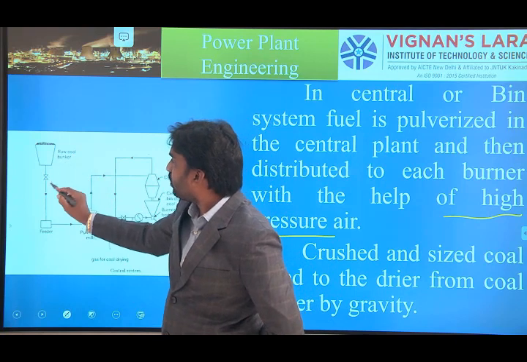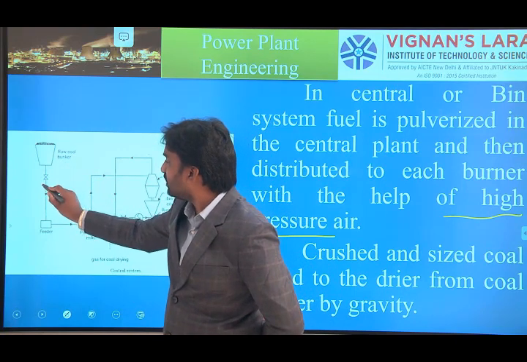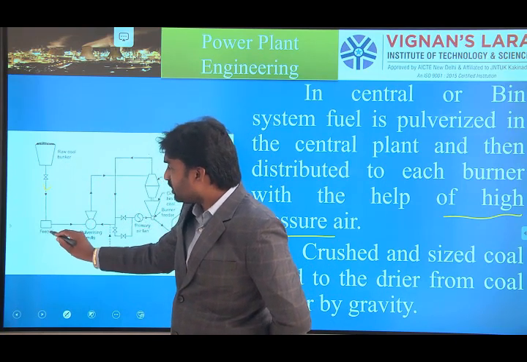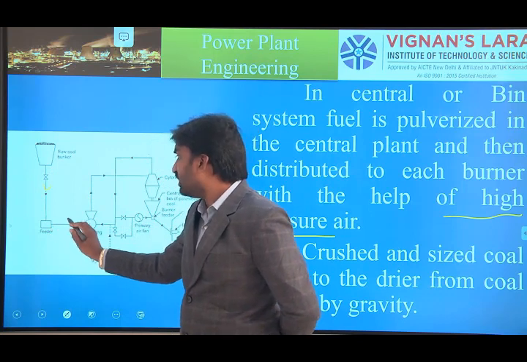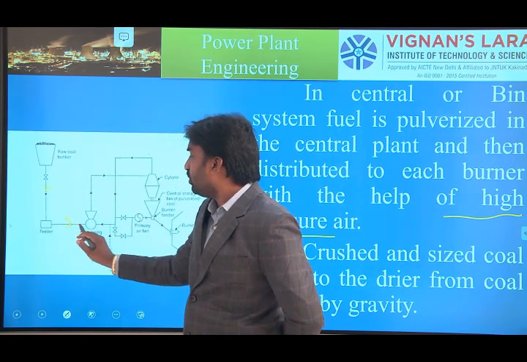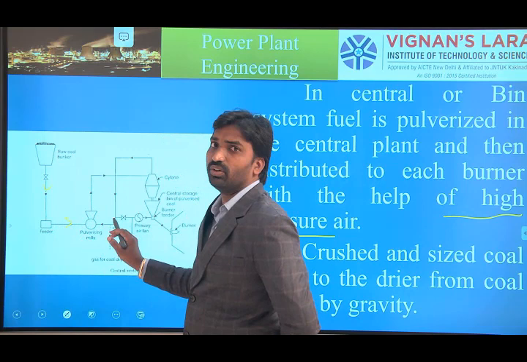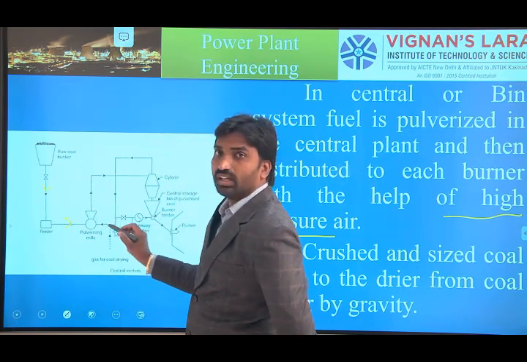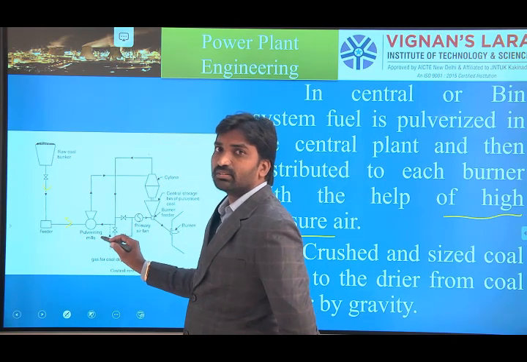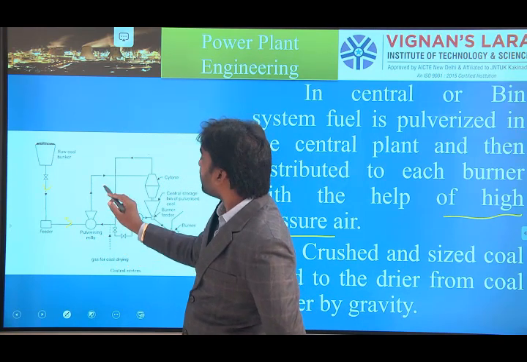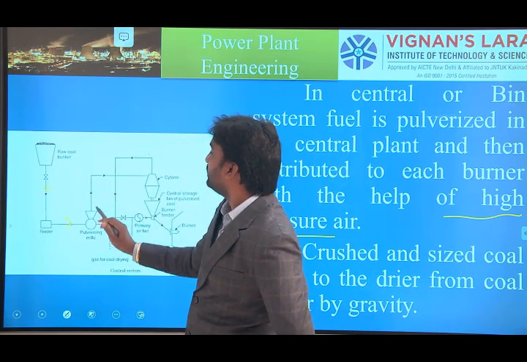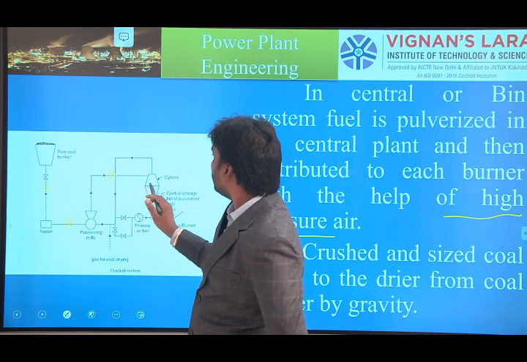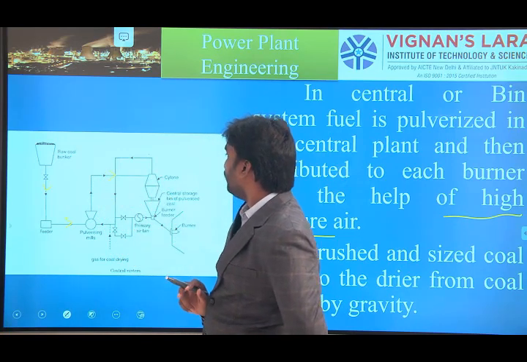From the coal bunker, the coal moves into the feeder. That feeder supplies the coal into the pulverizing mill. Here we see the pulverizing mill, and this is the central level pulverizer. From this central level pulverizer, the coal enters the cyclone furnace.